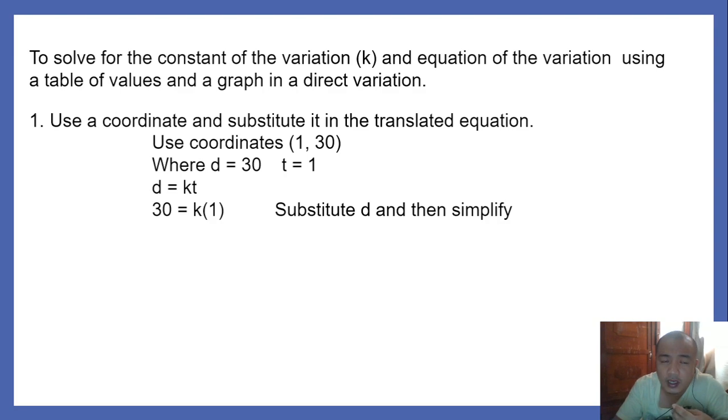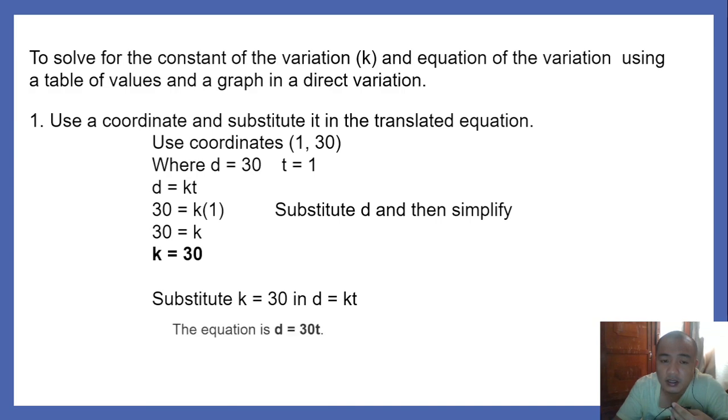Solving for k, we have d over t. That means k is equal to 30. Substitute k equals 30 in d equals kt. That means d is equal to 30t. That's an example of a direct variation.